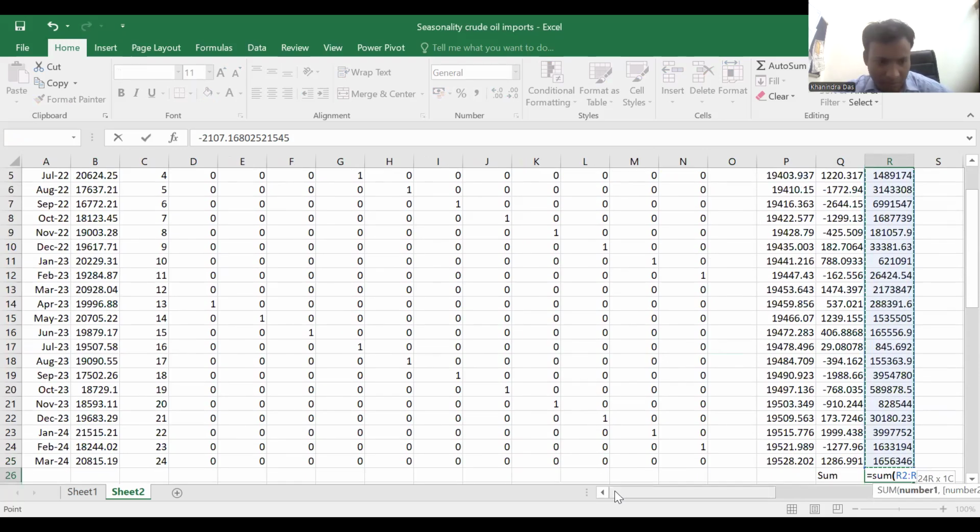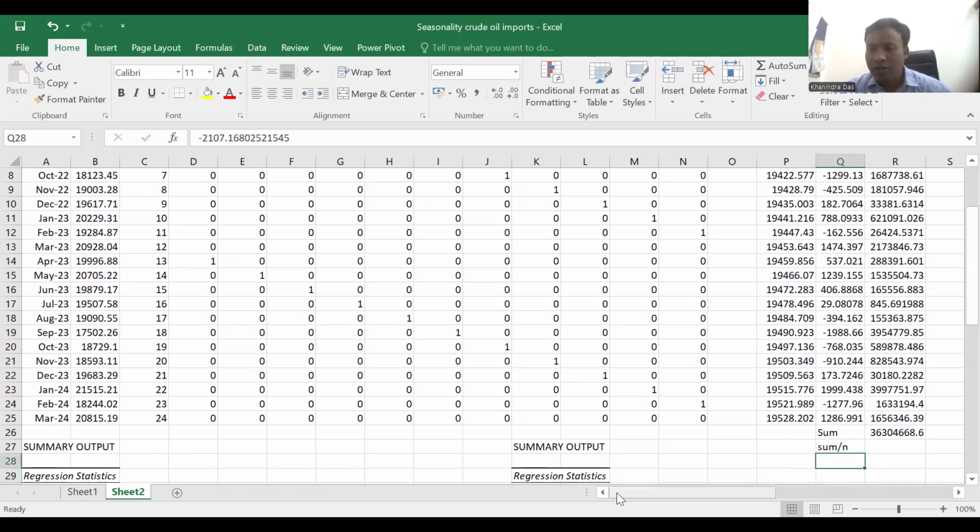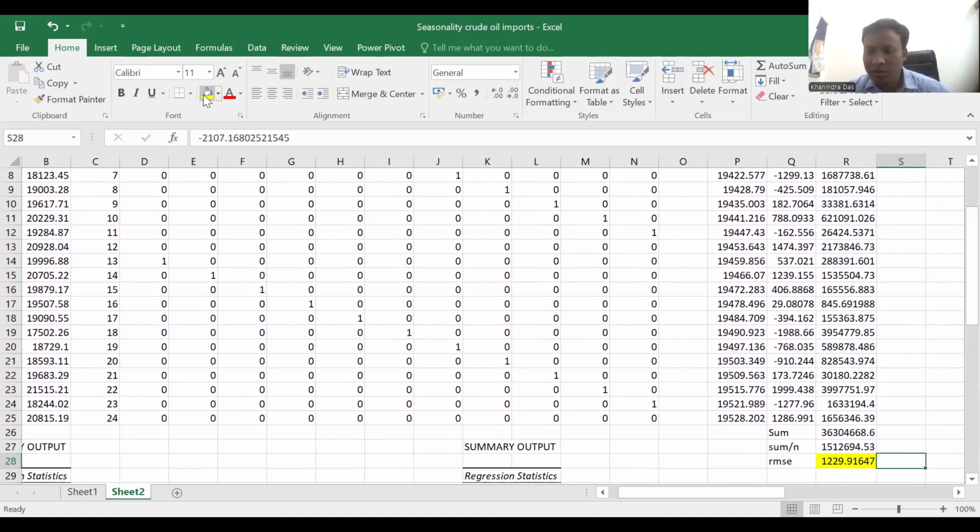And then you have the sum. And then you will have to divide with number of observations, which were 24, and root mean square error will be square root of this number. So our root mean square error from trend method is 1229.9.